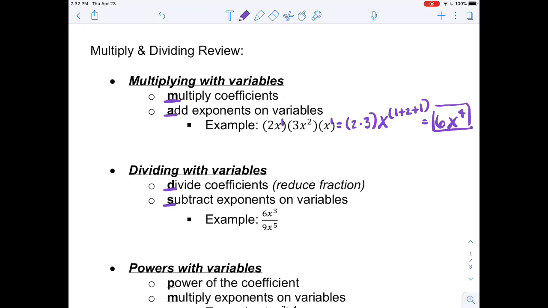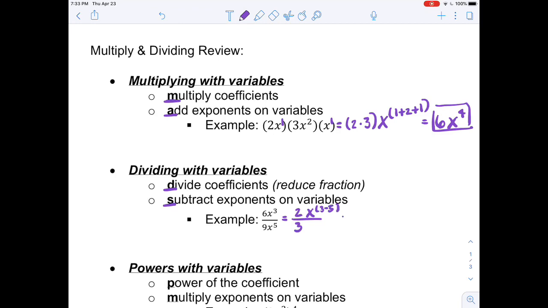If we have 6 over 9, if we just look at our coefficients for a minute, I notice that 3 will go into both of these. So if I divide both of them by 3, I'm going to be left with a 2 on the top and a 3 on the bottom. All right, now let's deal with our variables. We have x raised to the 3 minus 5 power.